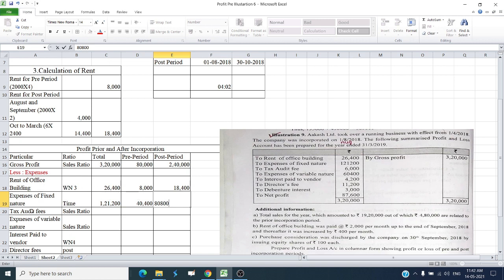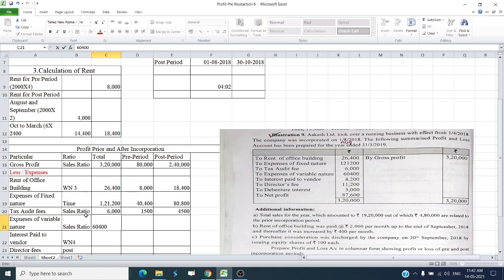And the next expense is tax audit fees, and the ratio will be sales ratio. Tax audit fees amount is here 6,000, and for the pre period it will come 1,500, and for the post period it will come 4,500.